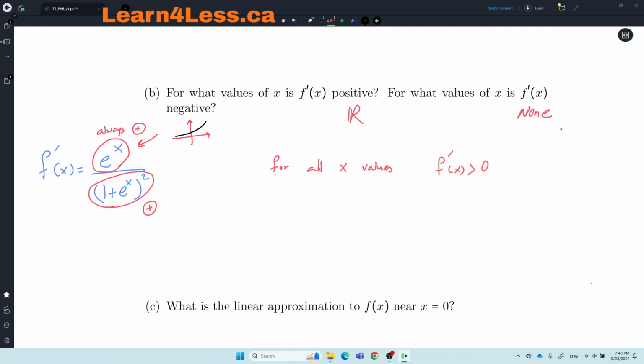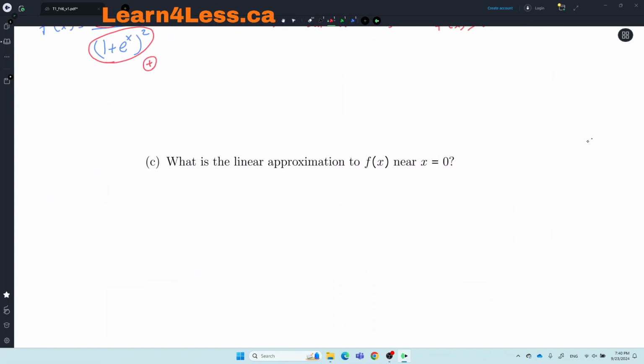Okay, let's go to part C. In part C, we are asked, what is the linear approximation to f of x near x equal to 0? Linear approximation, those are just fancy words for the equation of the tangent line.